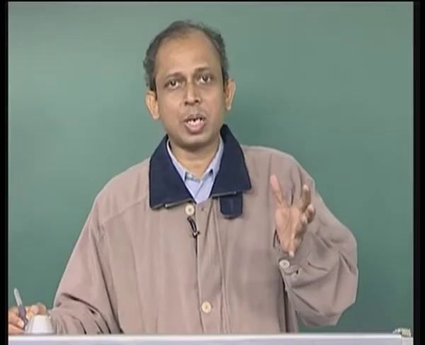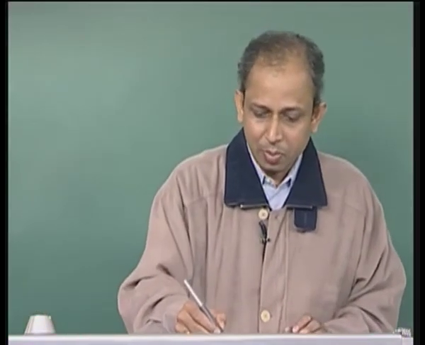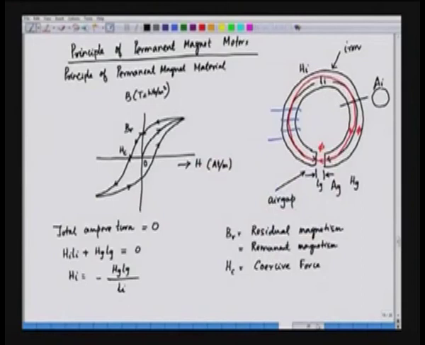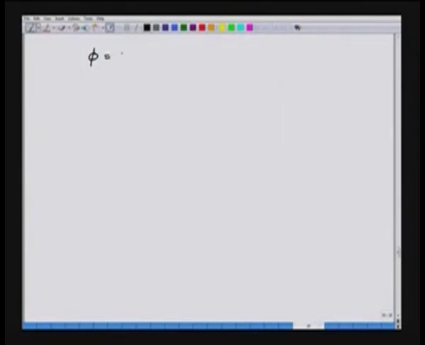Flux is flux density into the cross sectional area. So phi is equal to Bi into Ai, the flux density of the iron into the cross sectional area of iron, which is equal to Bg into Ag, the flux density of the air gap into the cross sectional area of the air gap.